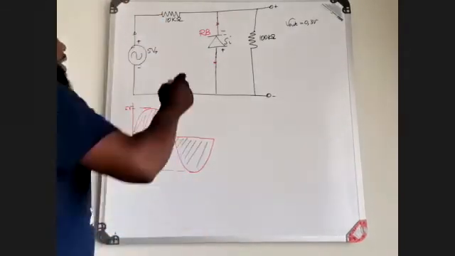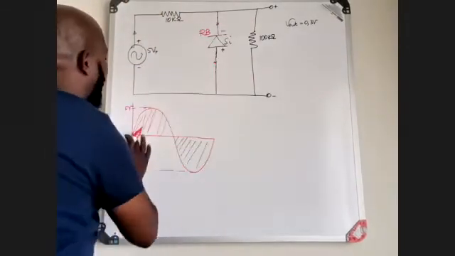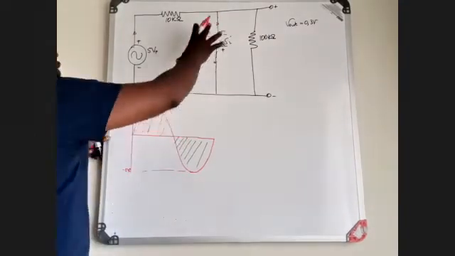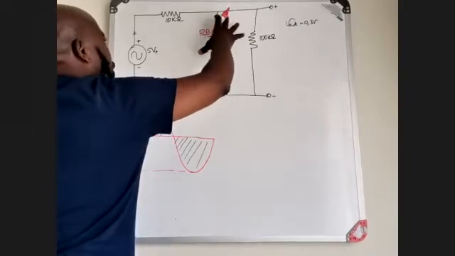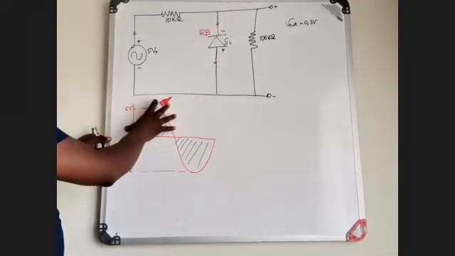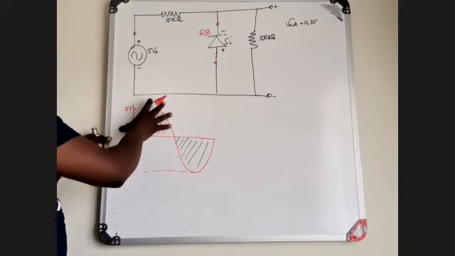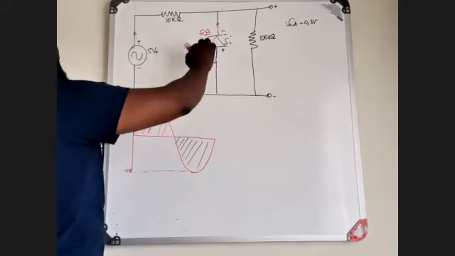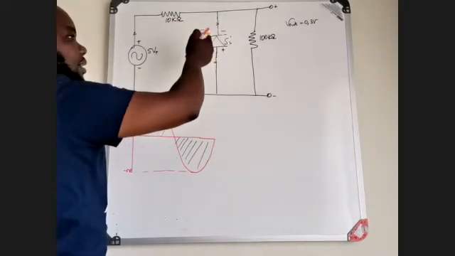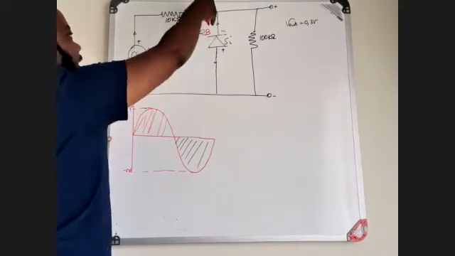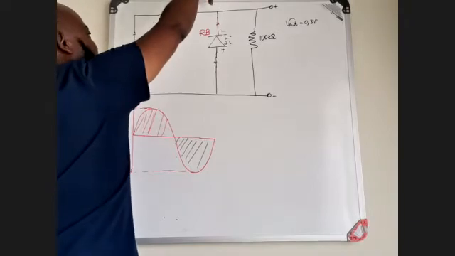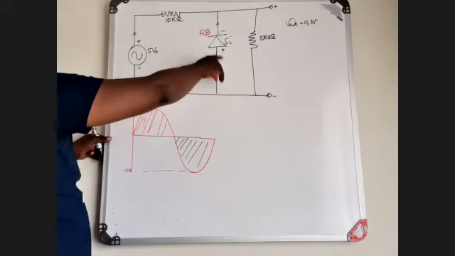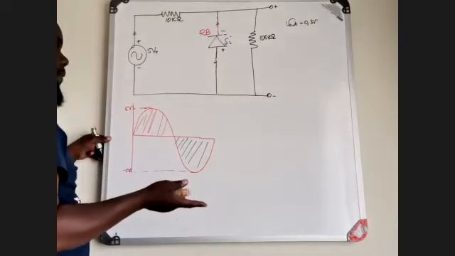So during the positive cycle, this component is not going to react to the positive cycle. I cannot establish how the current is going to flow through this component because the switch is going to be open.